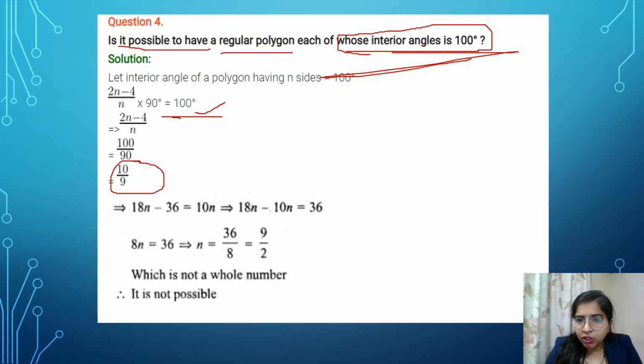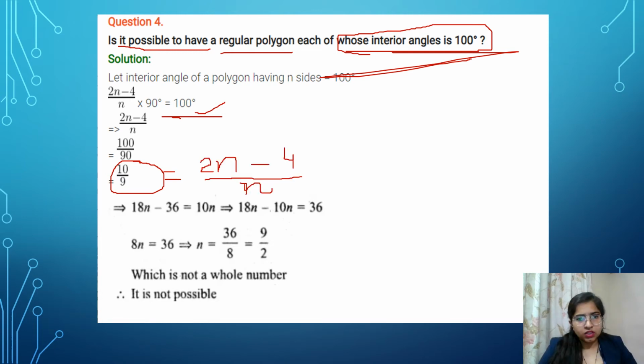This 10 by 9 you have to put equal to (2n minus 4) divided by n. When you do the calculation like this, 90 will go to that side. After transposing, 90 becomes 100 upon 90.